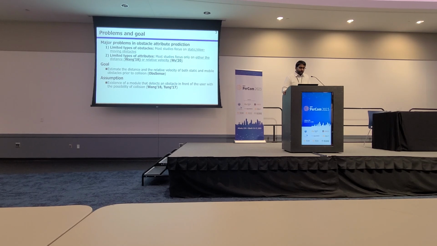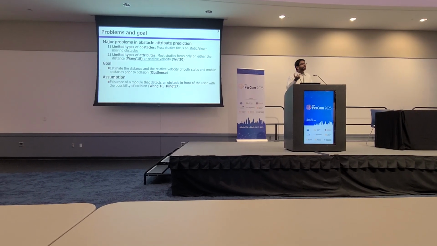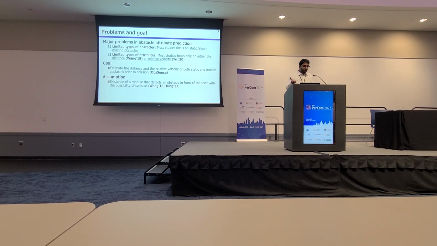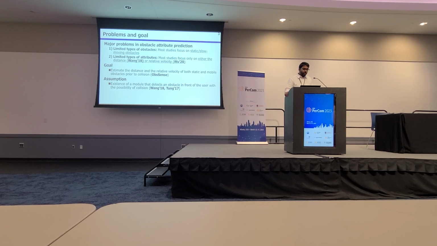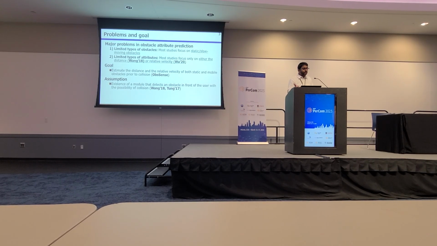And secondly, most studies focus only on predicting either the distance or the relative velocity, just one attribute, while both these attributes are necessary to calculate a possible collision time.